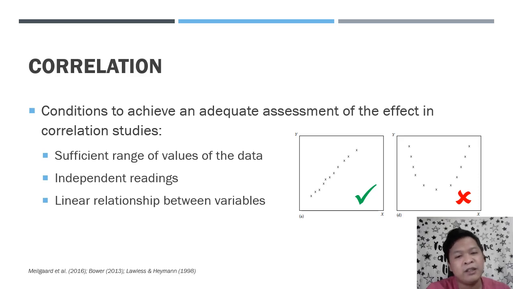If the data are too close to each other, for example, if you're looking at hedonic ratings and they all answered 7s and 8s, that wouldn't be enough to correlate, even if you had, say, 100 respondents, because no one answered 1 to 6 or 9, so that's not enough information. And of course we do assume that the readings are independent of each other.